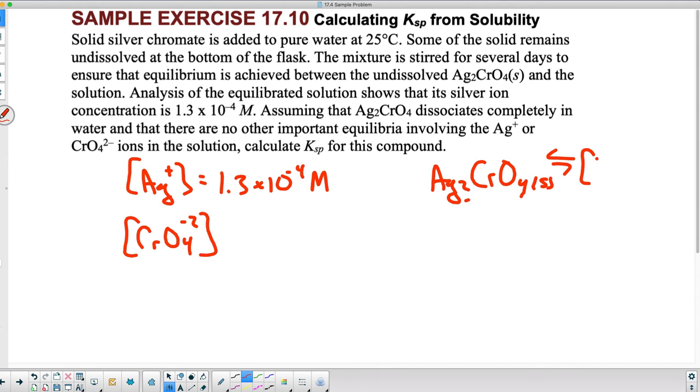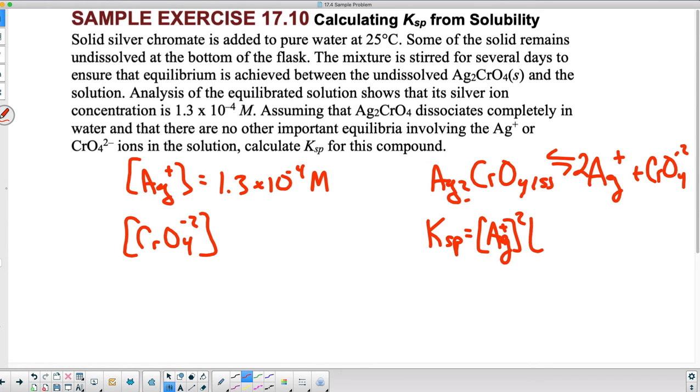I'm mixing up my equations, which means that I'm going to have 2 silver +1s, and then a CrO4, just one of these, which is a -2. That means my KSP will be equal to silver +1 squared times chromate -2. We should be able to find both of these. So let's take a look.